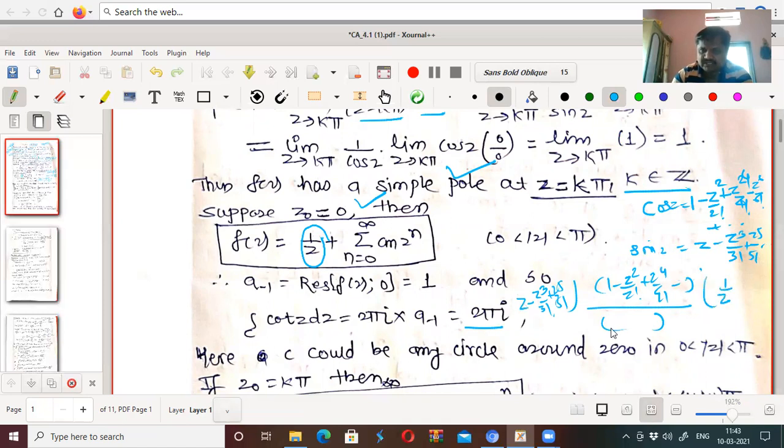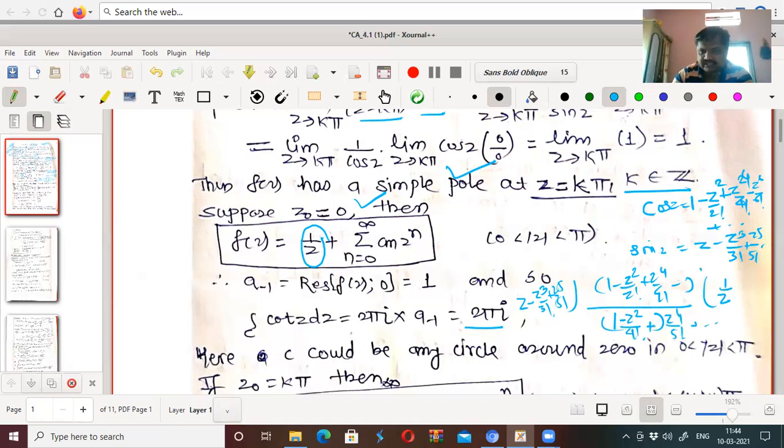So 1 by z into z is 1, so the first term you will get is 1 by z. 1 by z into minus z cube by 3 factorial is minus z square by 3 factorial, then z square by 4 factorial, and so on.